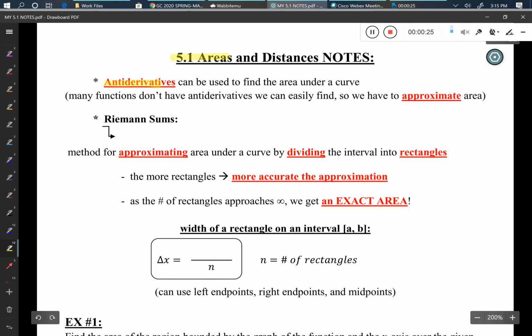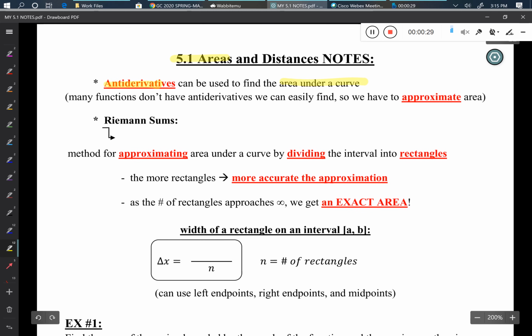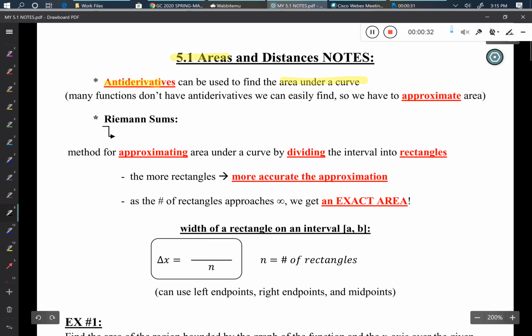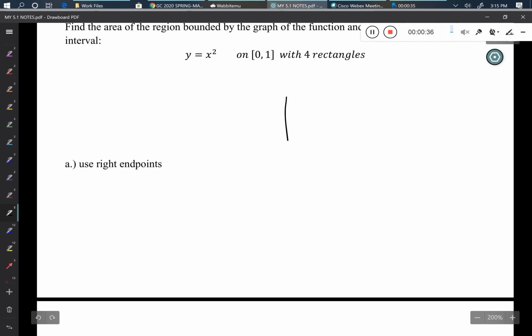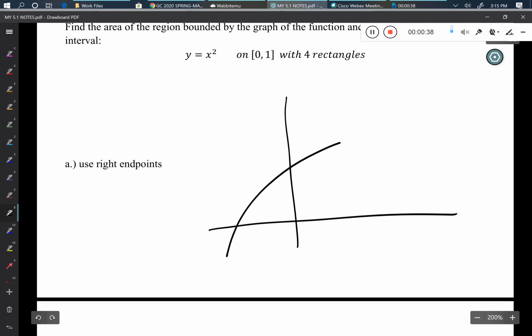So we're going to be using antiderivatives to find the area under a curve. Now you might be wondering what we mean by that when we say area under a curve. Essentially, we're looking at a situation like this, where you're going to have some function, y equals f of x.